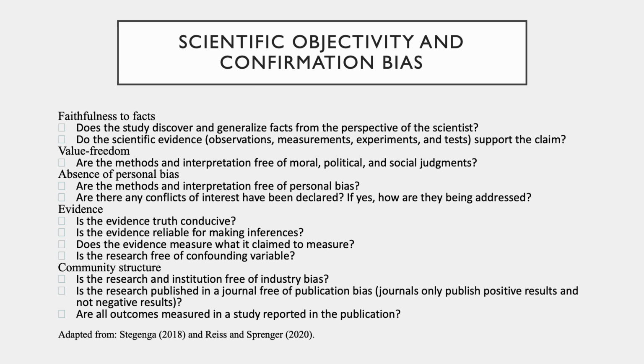Scientific objectivity expresses the idea that the claims, methods, and results of science are not or should not be influenced by particular perspectives, values, commitments, community bias, or personal interest, and are free from systemic bias. I adapted this list from Steniga and Springer.